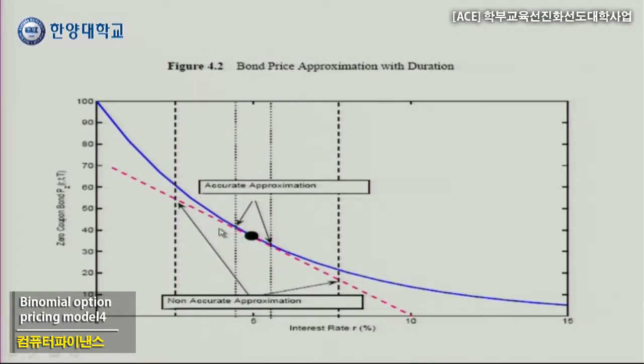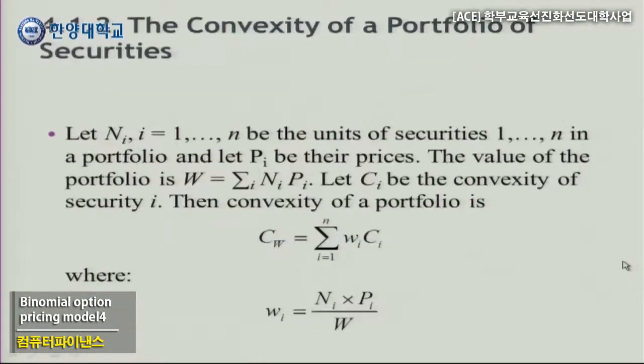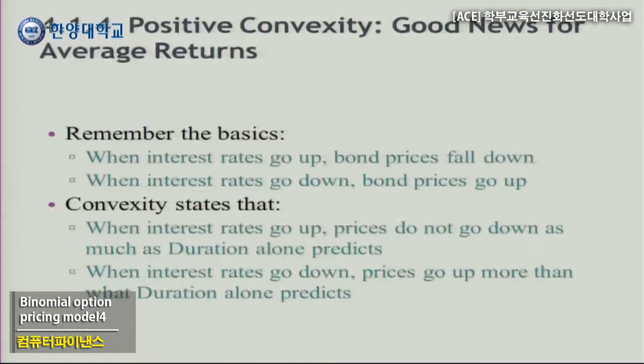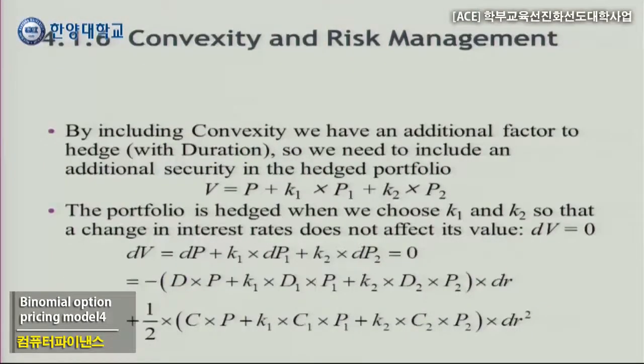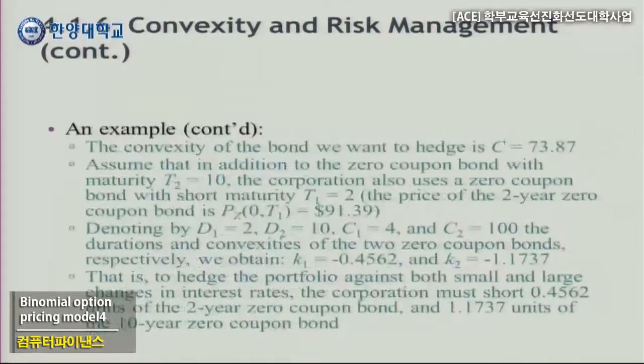And then again, we undervalue the bond. Okay? It is so clear. The other part is the technical part. For common people, convexity is the easy part.